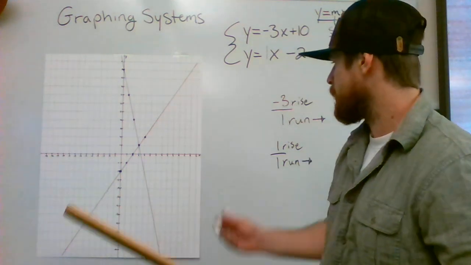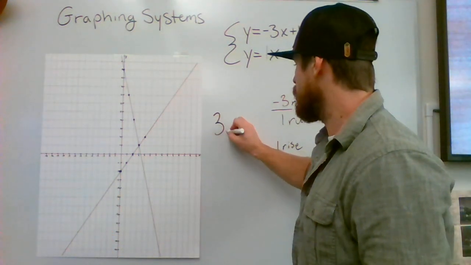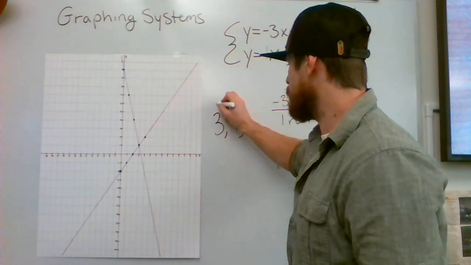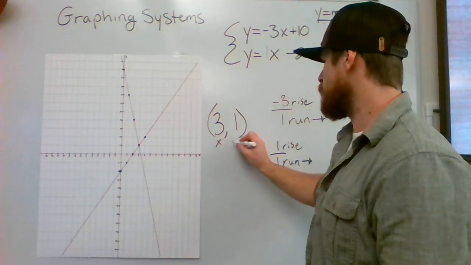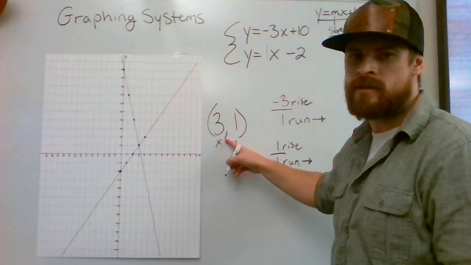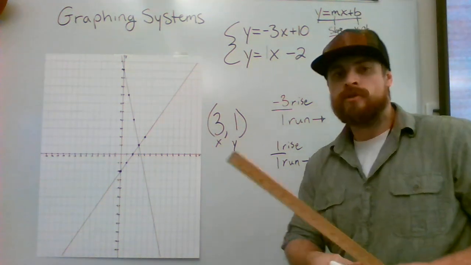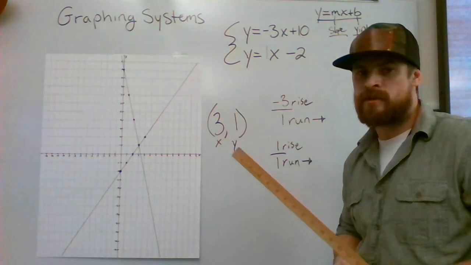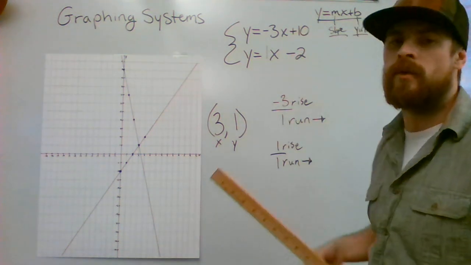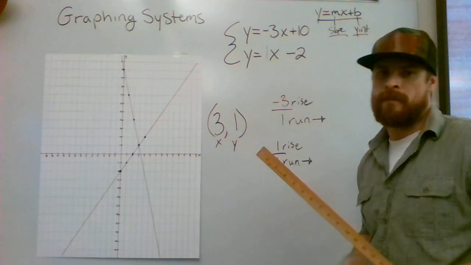So as a coordinate, that would be written as (3, 1). The x-axis is 3 over, the y-axis was 1 up. This is our solution to the system, and you yourself can now graph two linear equations, both written in slope-intercept form, to solve a system.